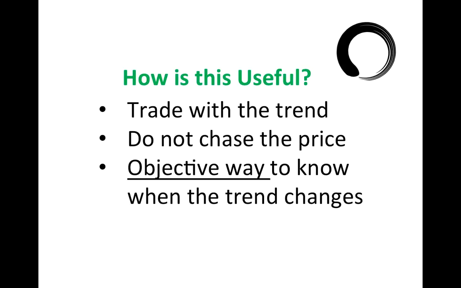And then if, after forming a lower high, it forms a lower low, right? Then that is a sign that the market could be changing into a downtrend, and if it forms even more lower highs and lower lows, you know that objectively the market is no longer in an uptrend, right? So since you want to always be trading with the trend, you need to know when the trend changes. So these are three very useful ways that you can use swing counts to trade the market trends.